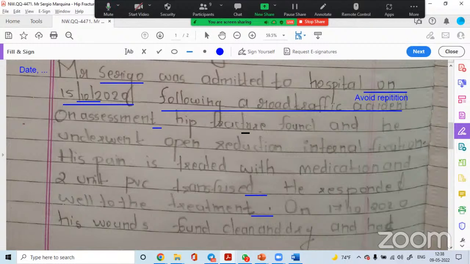Hip fracture was diagnosed, and he underwent open reduction internal fixation. So on assessment, hip fracture was diagnosed and open reduction internal fixation was performed.